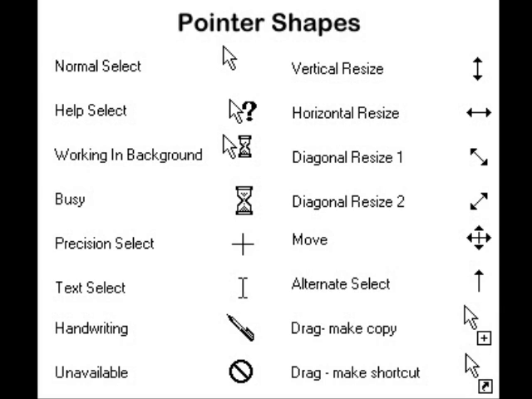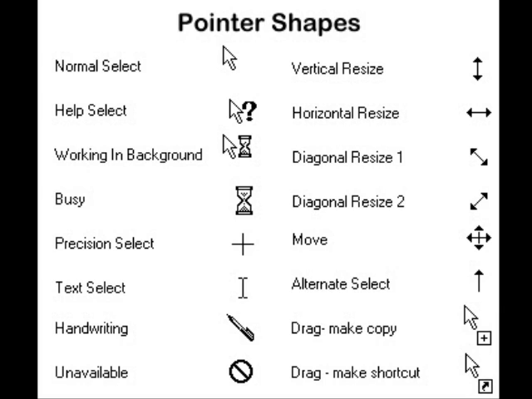You have your vertical resize and your horizontal resize, and that will allow you to open up certain windows or certain pictures, depending on what you're working on at the time. It could be self-explanatory, but if you don't know, then it's okay to ask additional questions. You have your diagonal resize, and these are your resize options.